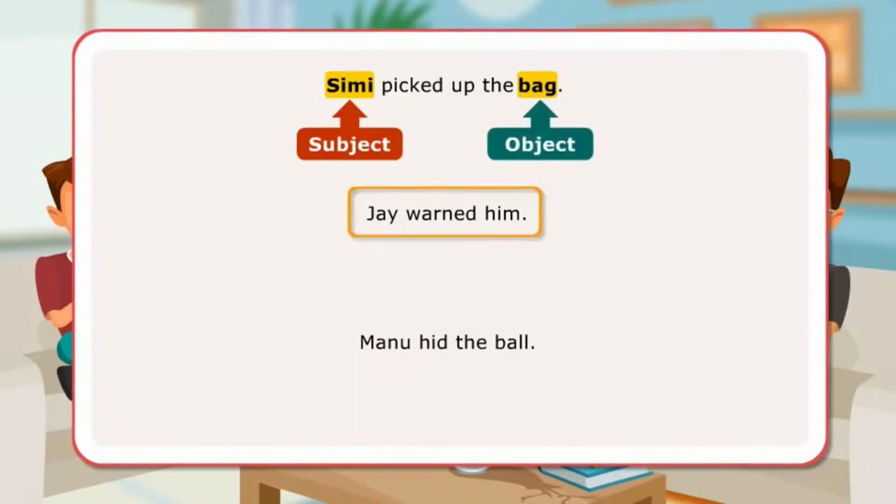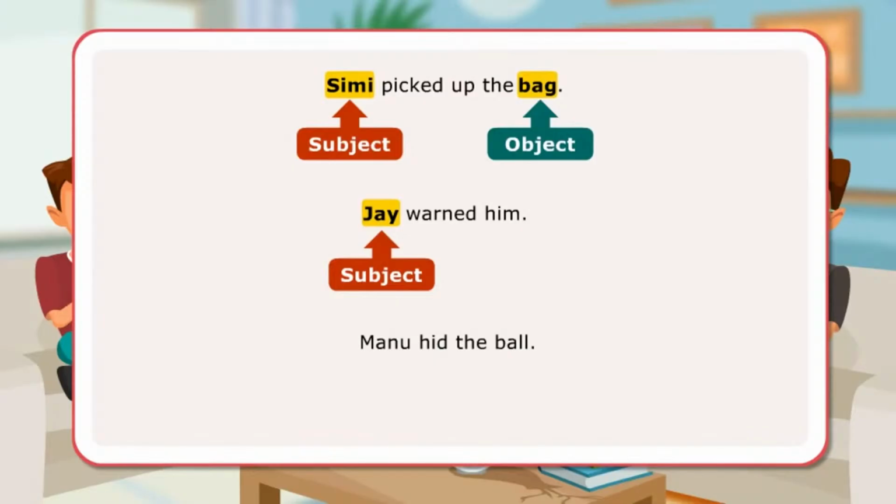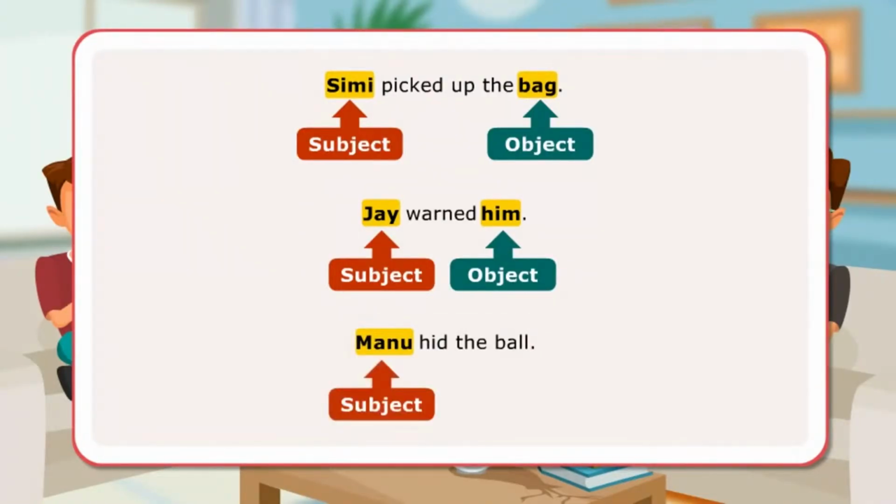In the next sentence, Jay is the subject as he is the doer of the action, and the object is him, being the receiver of the action. In the third sentence, Manu is the subject since he performed the action and the ball is the object since it received the action.